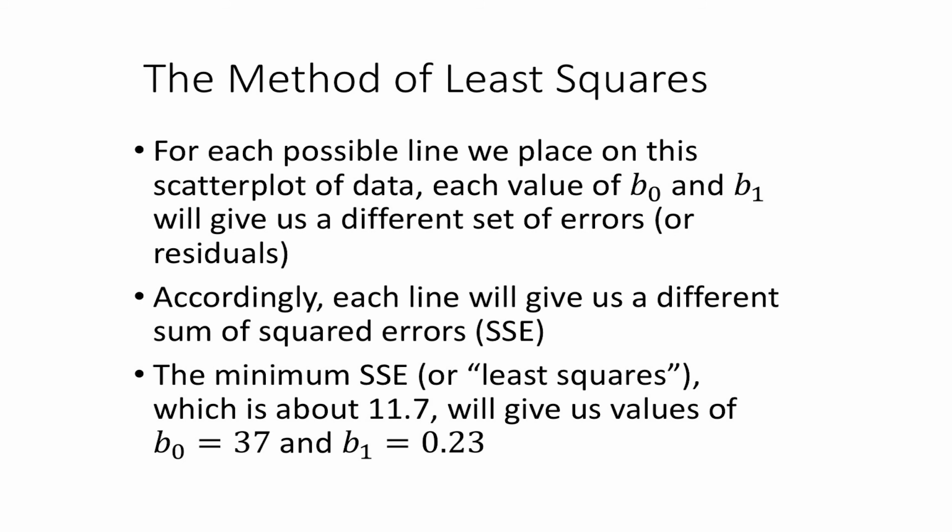That really encapsulates the idea of the sum of squared errors, the least squares method. For each possible line we place on the scatter plot, we have a different intercept and slope. These different values will give us a different y hat, and because the error is y minus y hat, we get a different error and a different sum of squared errors. In this case, by minimizing the sum of the squared errors, which is 11.7, we find that the intercept is 37 and the slope is roughly 0.23.